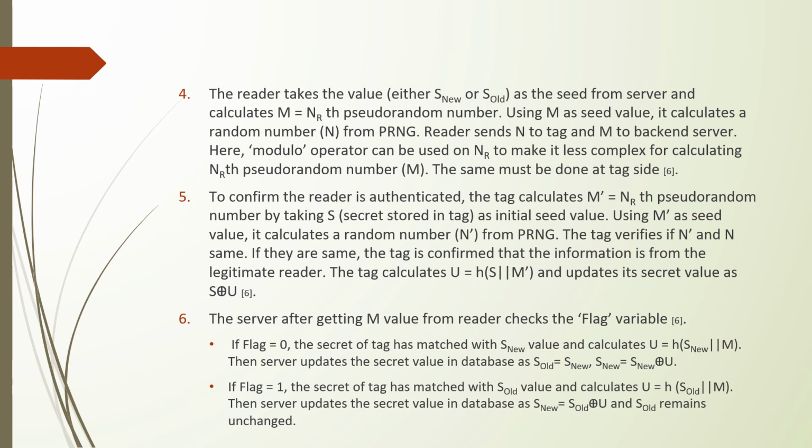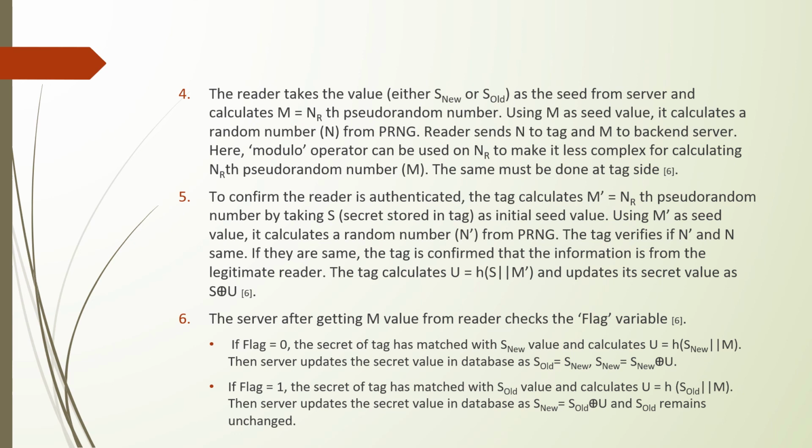Now after the server gets all this information, it will check against the M value and check the flag variable. Suppose the flag variable is 0, then the secret of the tag matches the new seed value.